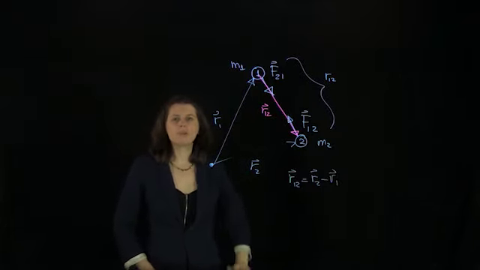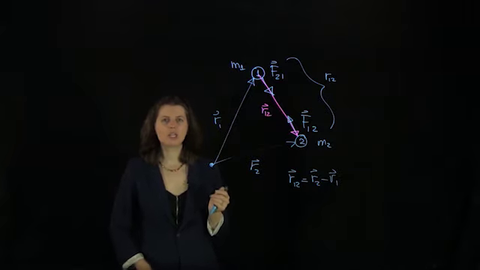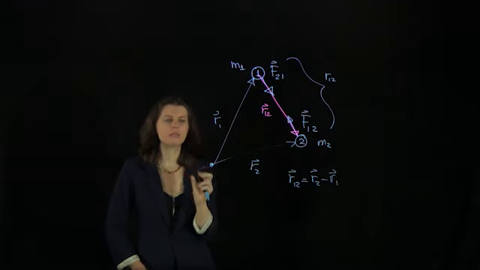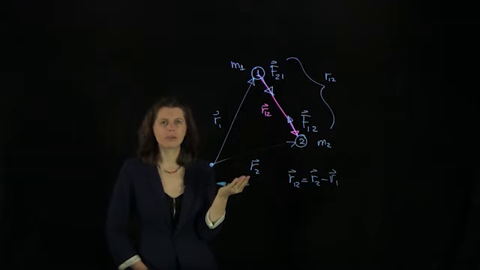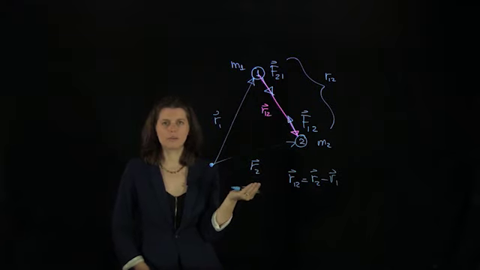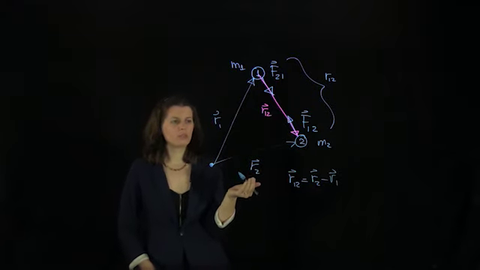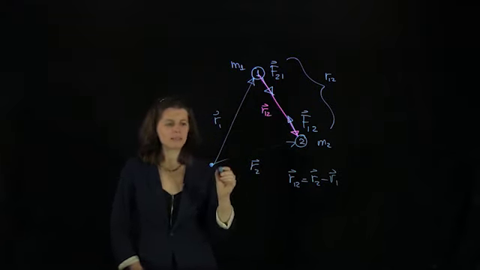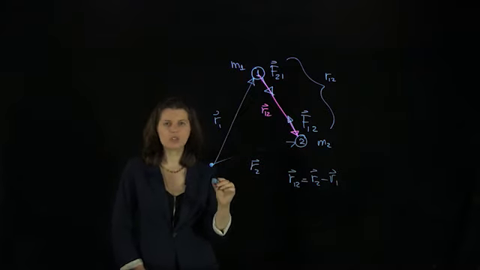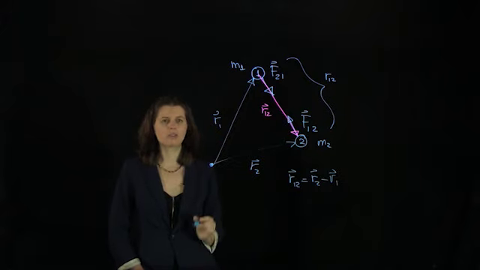Now, if we want to write down the universal law of gravitation, there's a magnitude component to it, and we also need a direction. And we haven't yet chosen a coordinate system. We could, of course, choose our usual way of placing the i-hat direction in the x direction and the j-hat in the y direction.